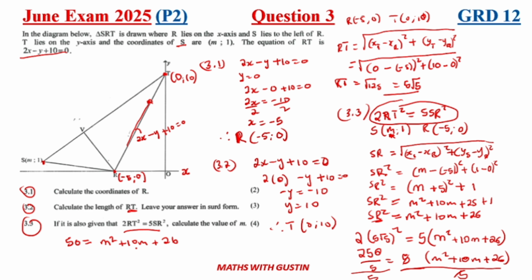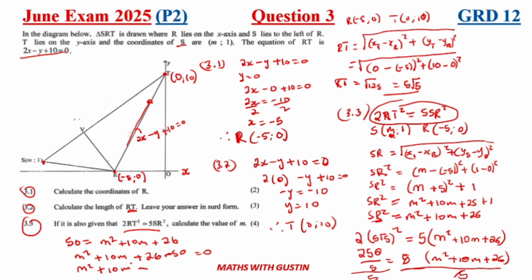There you go. So you take the 50 to the other side, to make life easy. M squared plus 10M, and plus 26 minus 50 is going to give us minus 24. I'm showing all the simplification here so that you don't get lost.